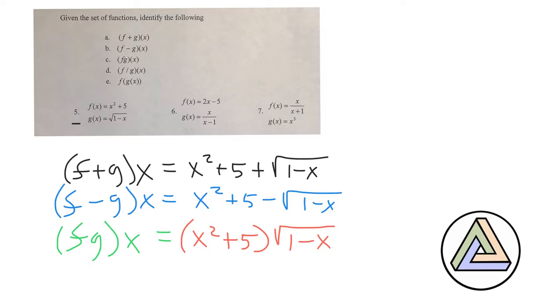By the way, for the record, I made sure I had parentheses because if we didn't draw parentheses, it would look like it's just the 5 that's getting multiplied to the radical 1 minus x, but we want to be clear, this radical 1 minus x is being multiplied times the 5 and the x squared, which, by the way, we're going to do right now. So that becomes, actually just keep it in green, it's going to be x squared times this plus 5 times that as well. So that's good with this one.